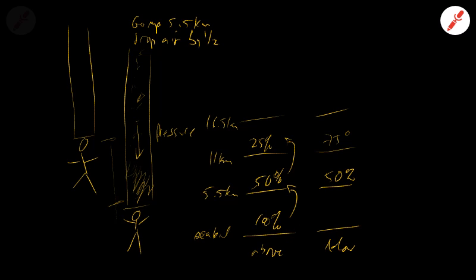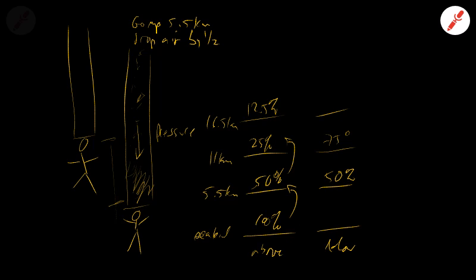If I go up again, this will be 12.5% of the air above me, and so essentially the pressure is dropping as I go up, and that is the pattern. Now we may not always have a nice, easy, divisible by 5.5 kilometers height. So how do we do it?